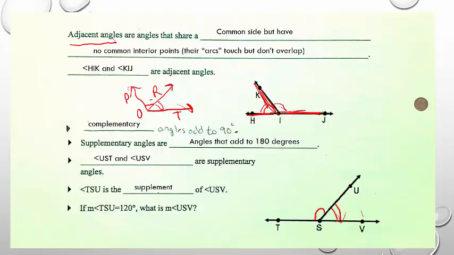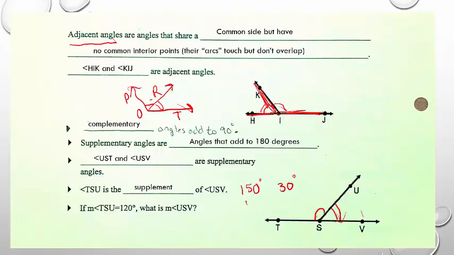Another way of saying this is I could say angle TSU is the supplement of angle USV. When you say is the supplement, that just means combines to make 180. So if I asked you, what's the supplement of 150 degrees? We would say 30. Does 30 and 150 make 180? It'd be the same thing for complement.